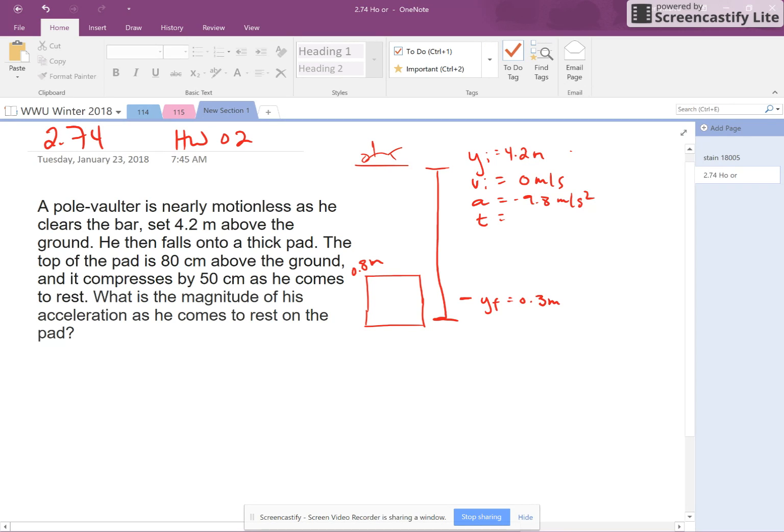He's no longer in free fall once his height reaches 0.8 meters, when he starts touching the pad. Then you'd have some final velocity that you don't know. That brings us to the top of this pad.